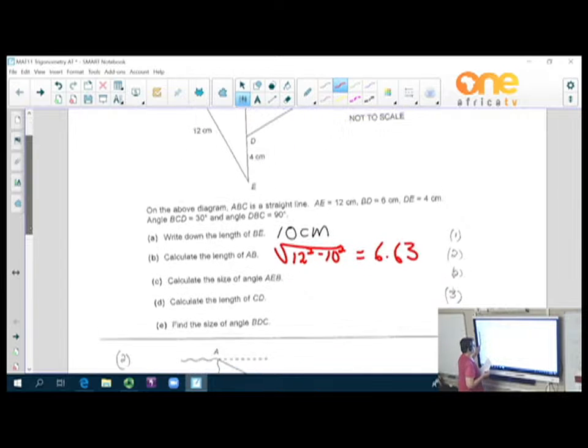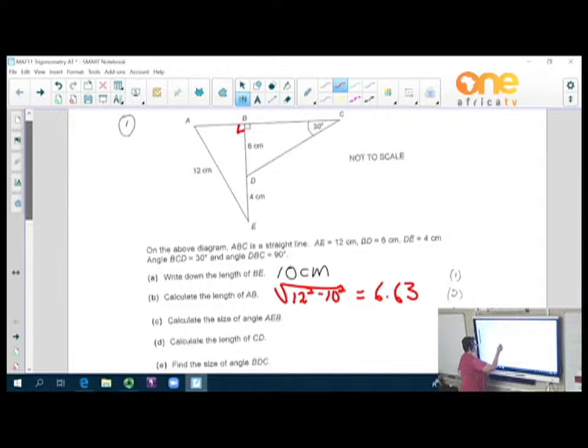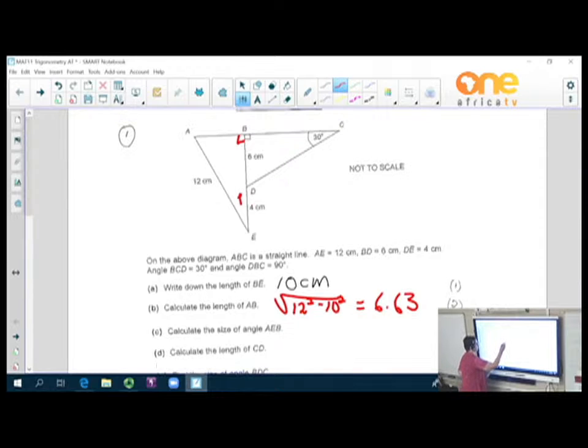Number C, calculate the size of AEB. This is the one that we want to find now here. You can use different functions depending on your choosing the right sides, which ones you want to use. I prefer to use given information, but it doesn't matter. So I used cosine. It's the included angle here that I want to calculate.